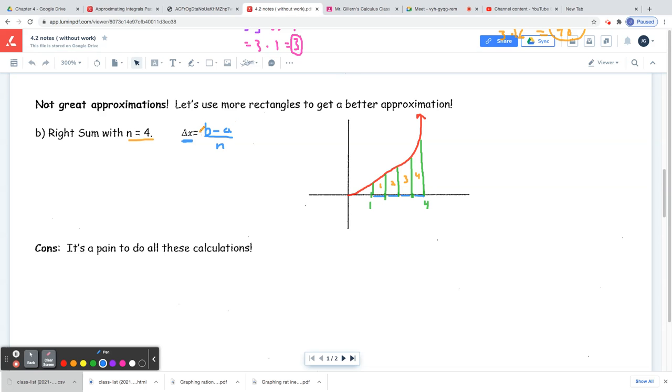B is where we stop, a is where we start. Remember, if we have the integral, we had 1 here and 4 there, and I told you the number on the bottom was your a, the number on the top was your b. So b is 4, a is 1, n is 4. So 4 minus 1 is 3, and 4 is on the bottom. So our delta x is going to be 3/4.